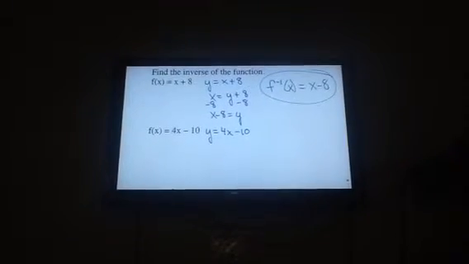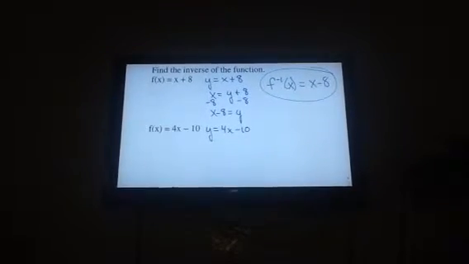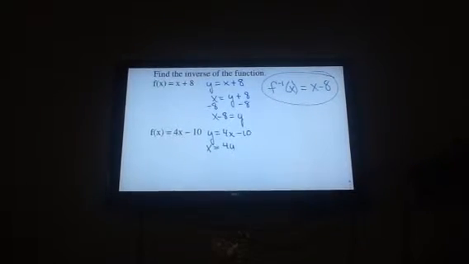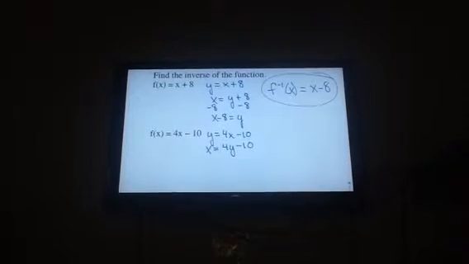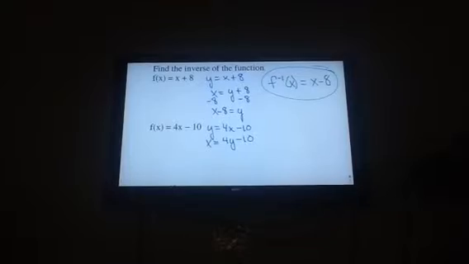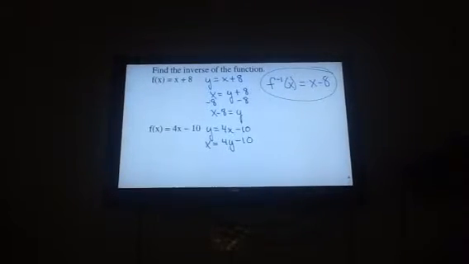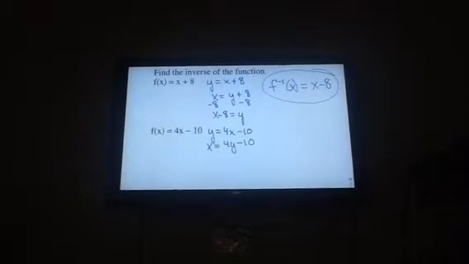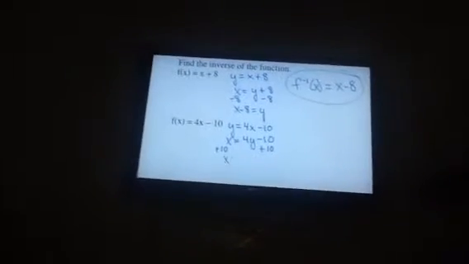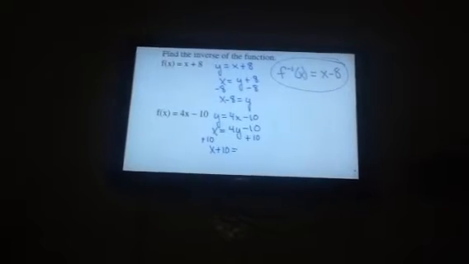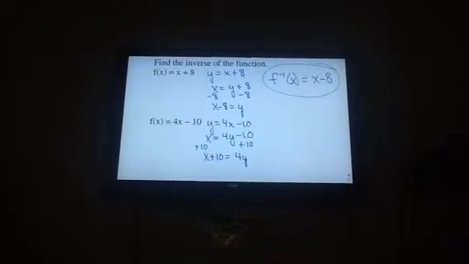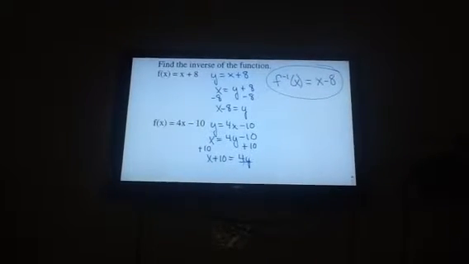Switch your x and y. Solve it for y. So I'm going to add 10. So I'm going to have x plus 10 equals 4y. And I'm going to divide by 4.